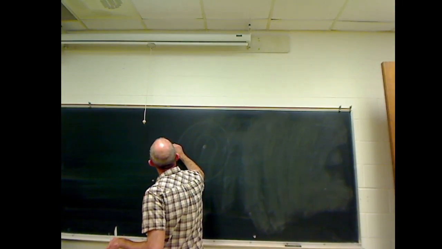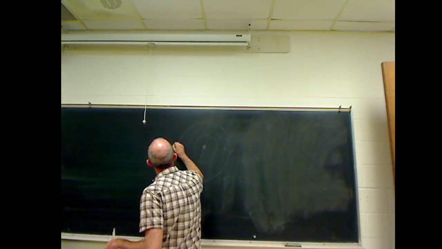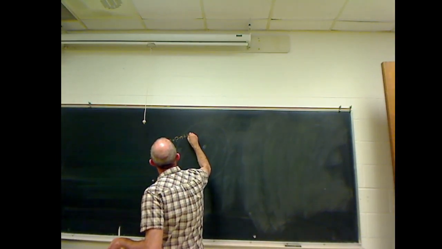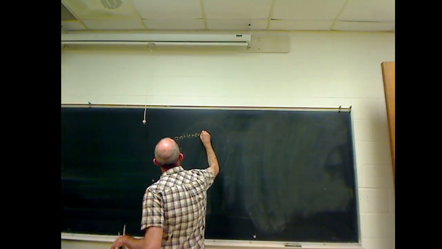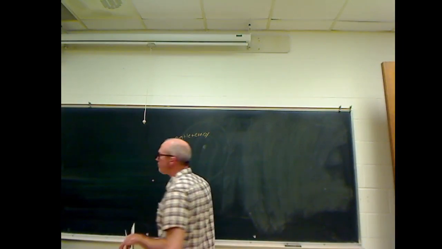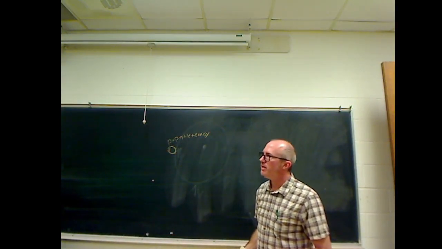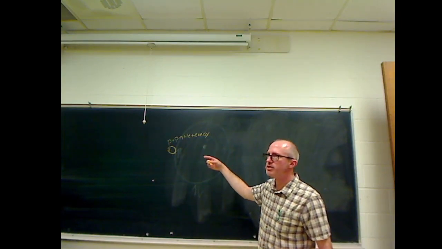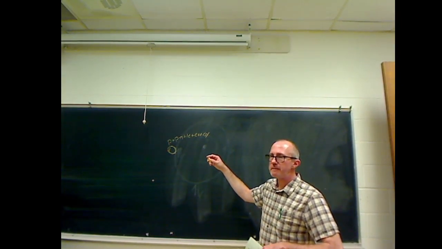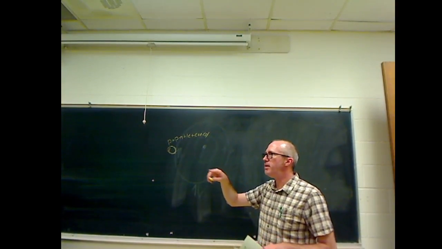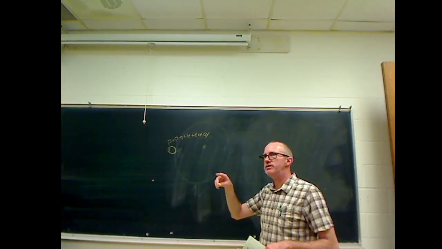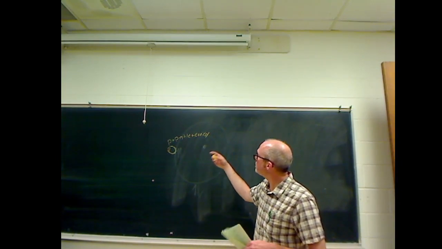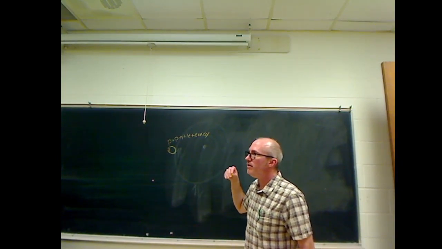I've got a star, and at the center of the star, I have protons that smash together and form helium. There are a couple of ways: one is just smashing two protons together. Another is this merry-go-round of carbon, nitrogen, and oxygen that you can get on and build helium that way. Either way, there's nuclear burning in the inside of the star.